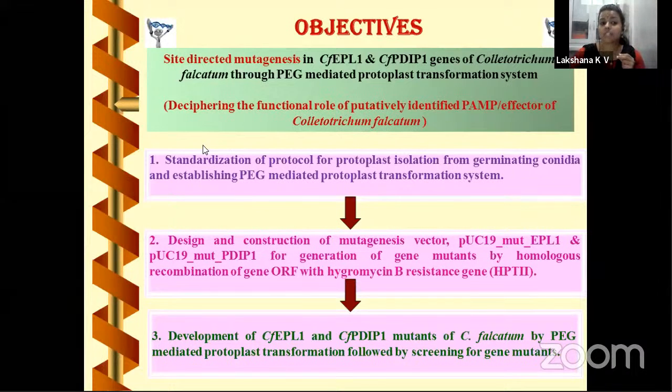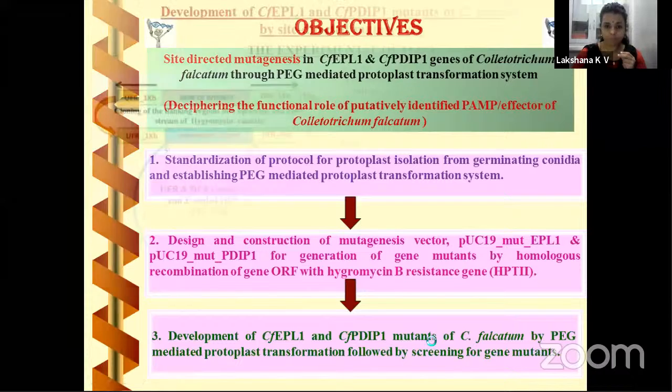To accomplish this, the following objectives were framed, namely the standardization of a protocol for protoplast isolation from germinating conidia and to establish a PEG-mediated protoplast transformation system. Later, to design and construct a mutagenesis vector for generation of gene mutants by homologous recombination, thereby developing CF-EPL1 and PDIP1 mutants by the PEG-mediated protoplast transformation system.